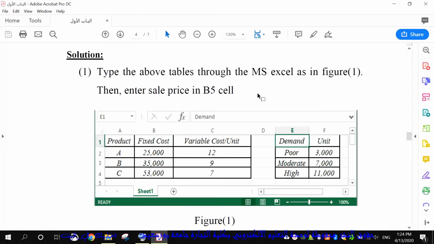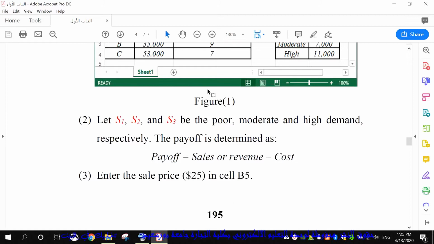We have to type the sales price in cell B5. And to create the payoff matrix, let the demand, poor, moderate, and high be denoted by the letters S1, S2, and S3 respectively.